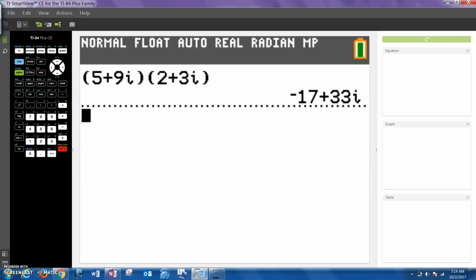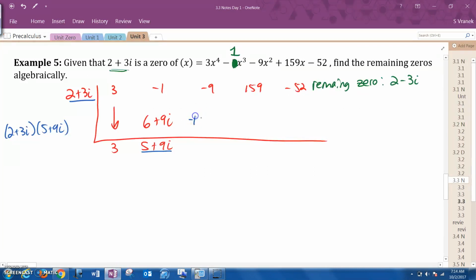And it simplifies it for you, and you get negative 17 plus 33i. You add these two numbers together because they're the ones that are alike, so we get negative 26 plus 33i. Okay? Now we FOIL it again. We do this one now times the 2 plus 3i.